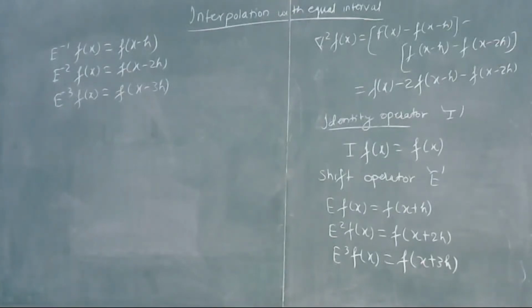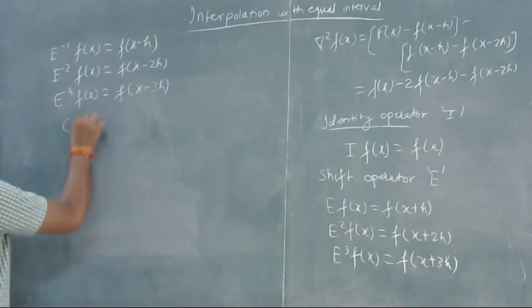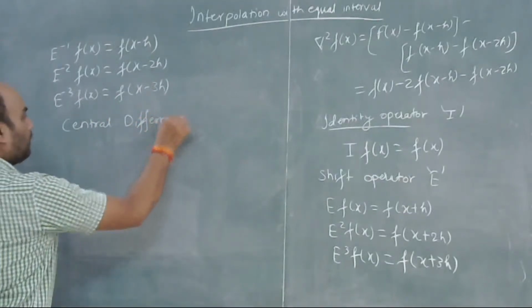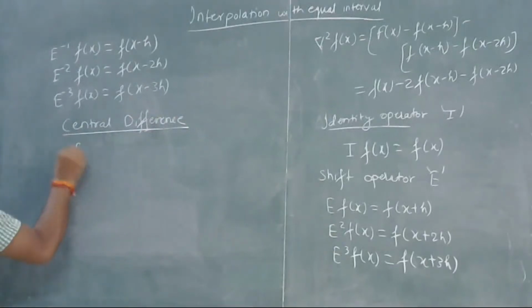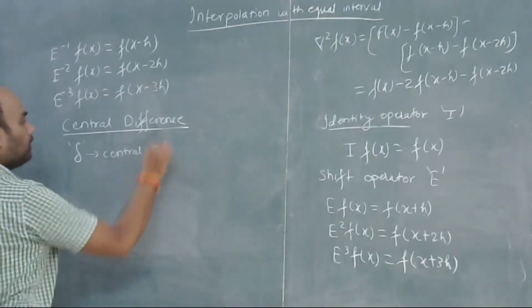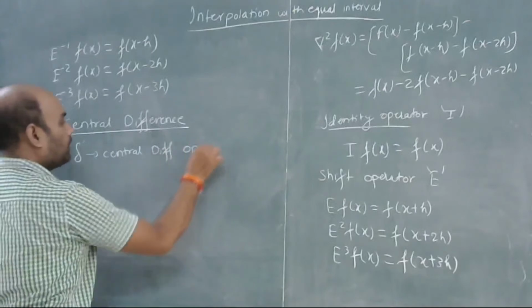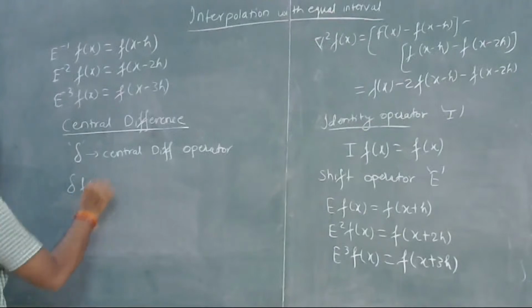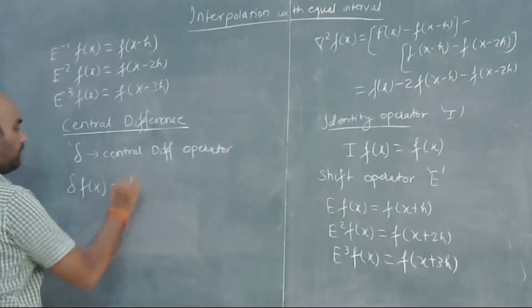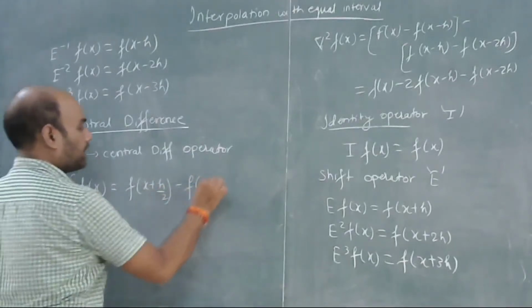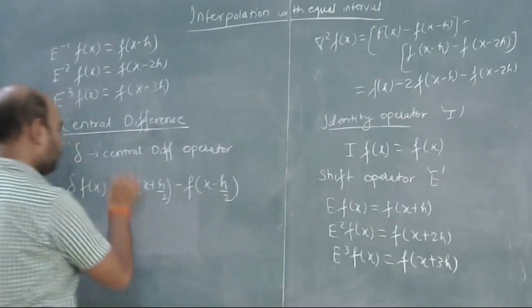Next, the central difference operator. So this is the central difference operator, and del f of x is equal to f of x plus h by 2 minus f of x minus h by 2.